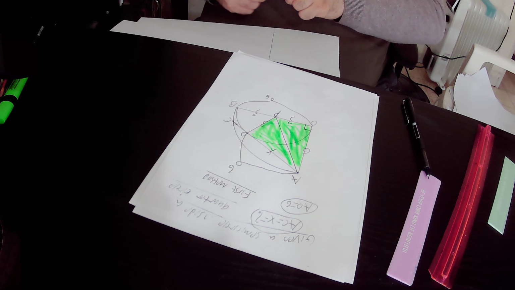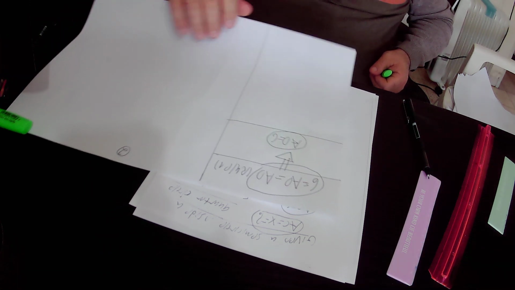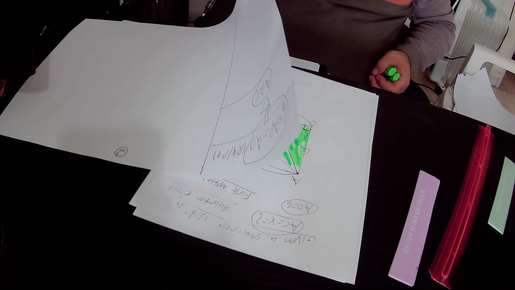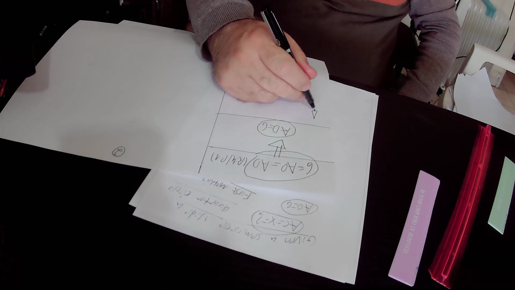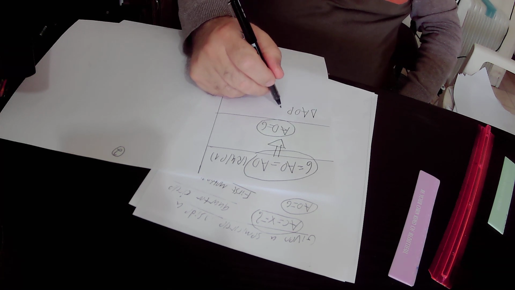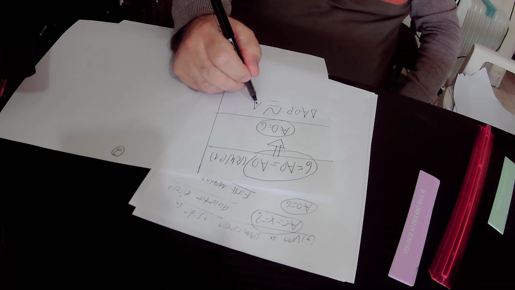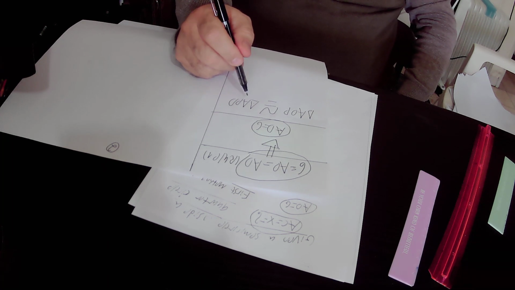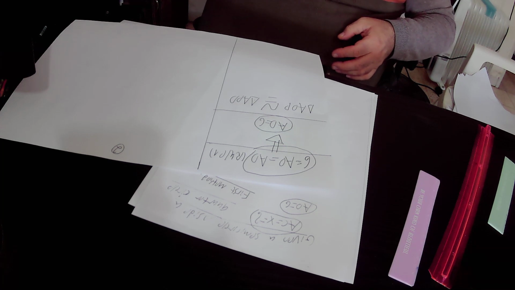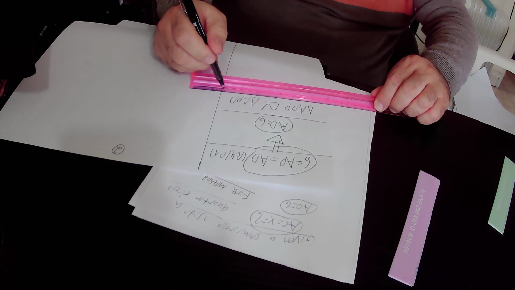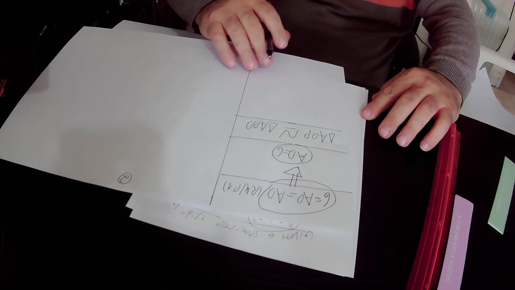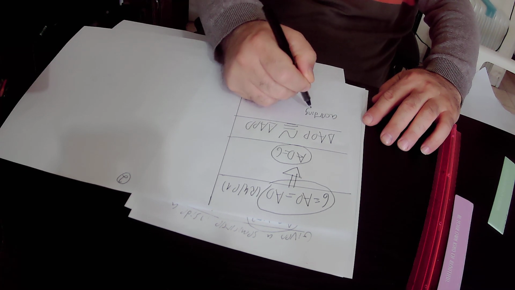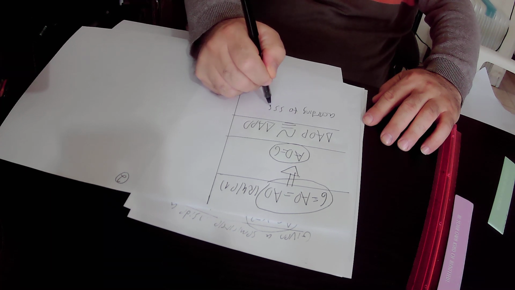So I write it down: triangle AOP congruent to triangle APD. This is the sign of congruent. According to side rule.